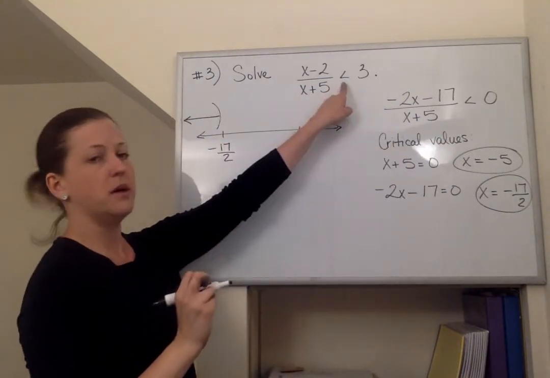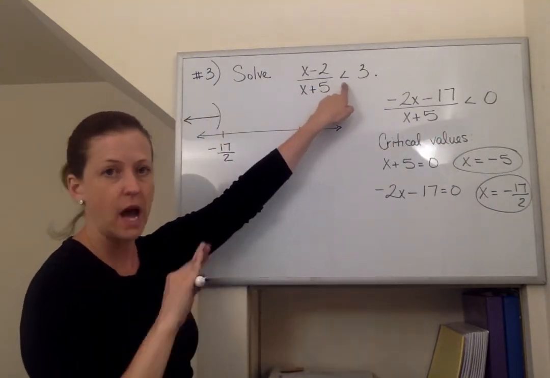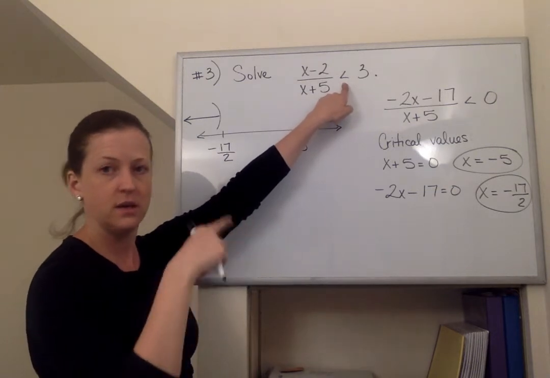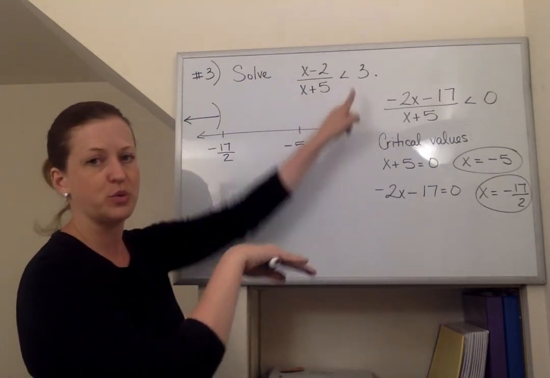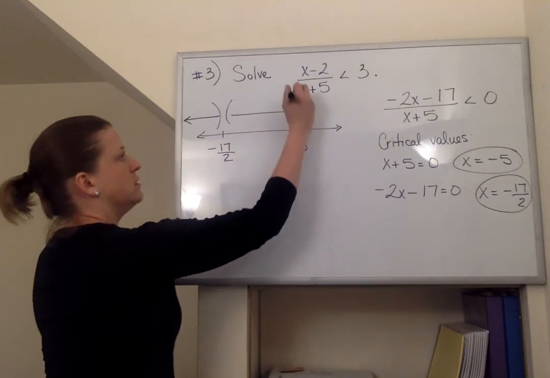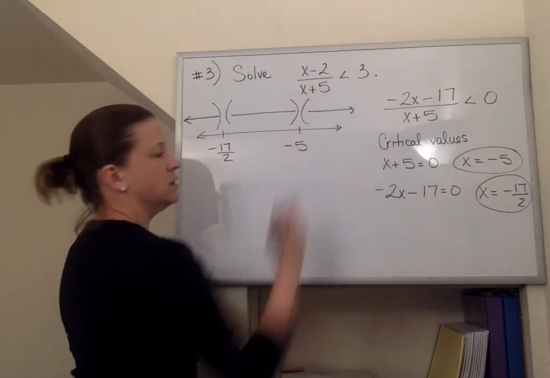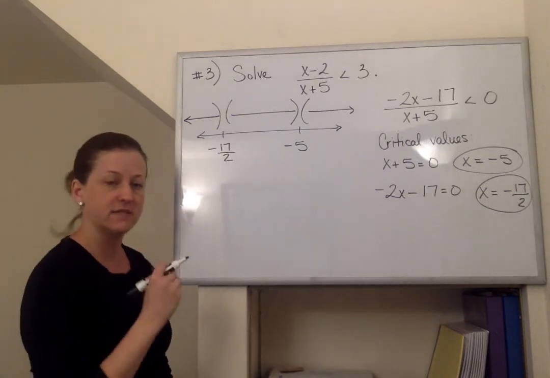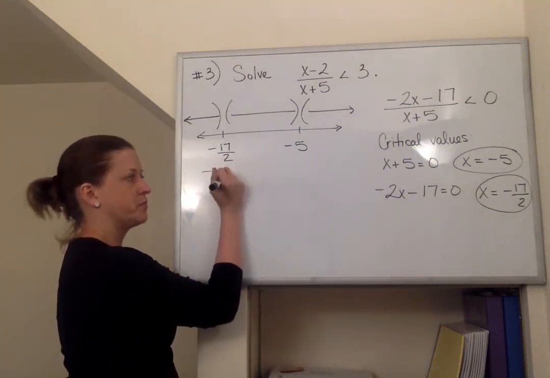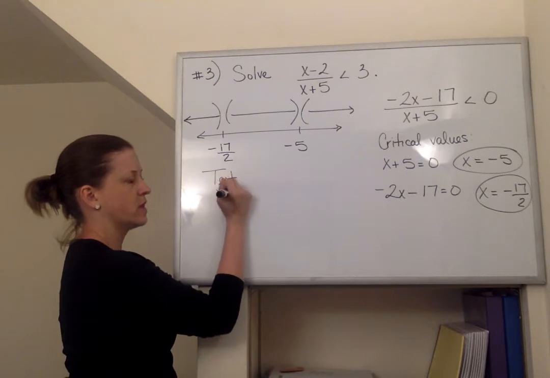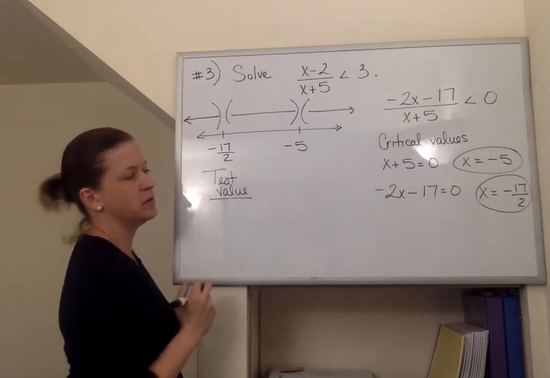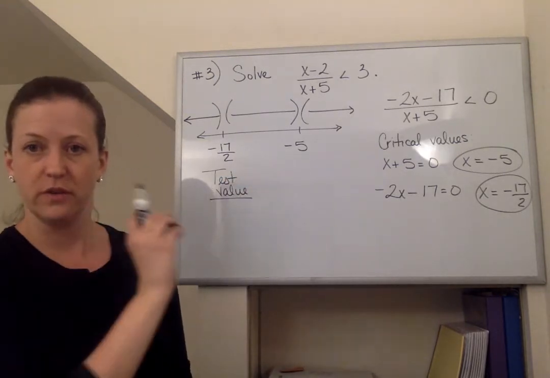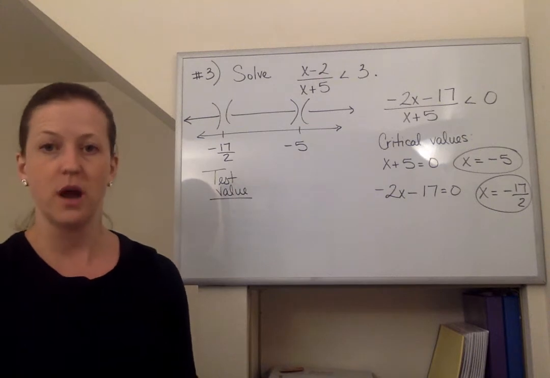On this problem, everything was not included. It was just less than, not less than or equal. So we're going to use parentheses for the entire problem. But now what I'm going to do is I'm going to pick test values in each interval, and just try to figure out what's going on.